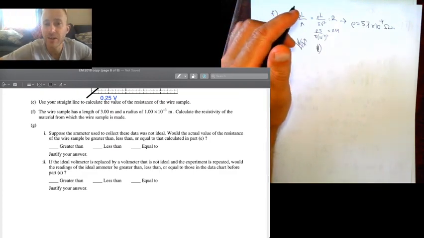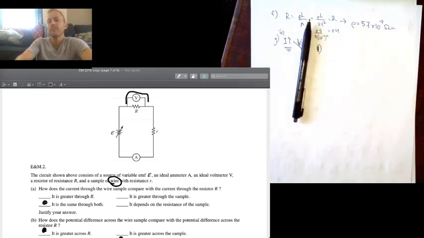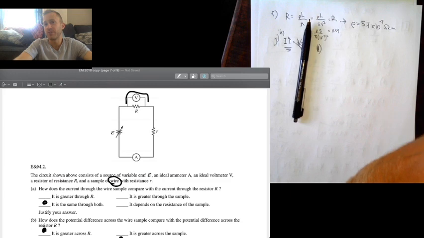As far as an ideal ammeter is concerned, an ideal ammeter does not prevent current flow at all. It has a resistance of 0. A non-ideal ammeter has a resistance, okay? And that resistance is going to basically reduce the amount of current that flows in the circuit. And it's like the resistance is added into little r.